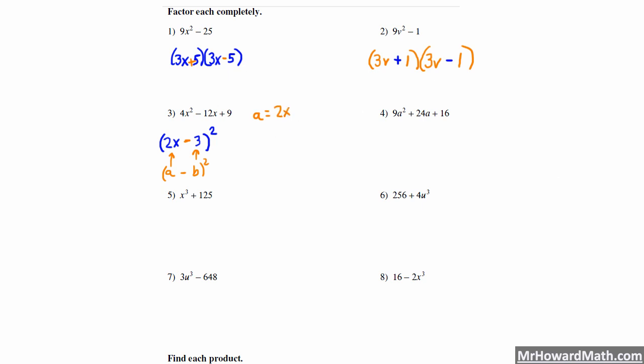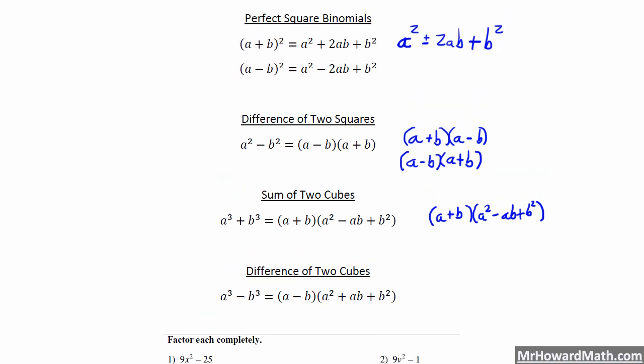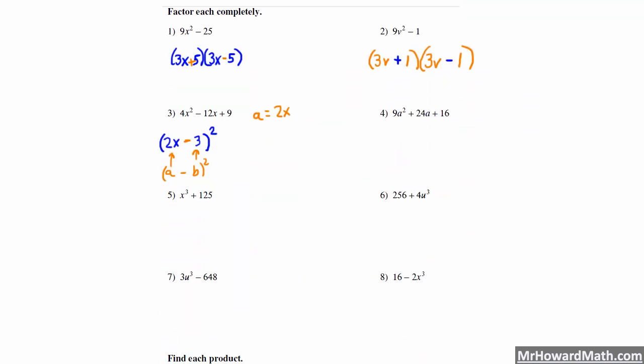I'm using this pattern right up here. Don't get confused. Okay, the a is equal to 2x. The b is equal to 3 in this case. So 2 times a times b would be 2 times 2x times 3. So that would be 2 times 2 is 4, times 3 is 12, so that would be 12x. And that matches this right here. So we're good. We know we did it right.